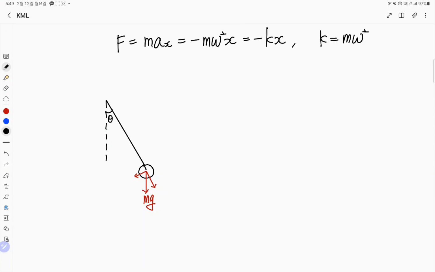So if this angle is theta, this angle is also theta. So that means this part is mg sine theta.